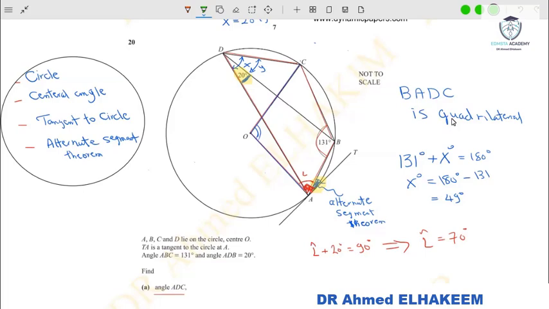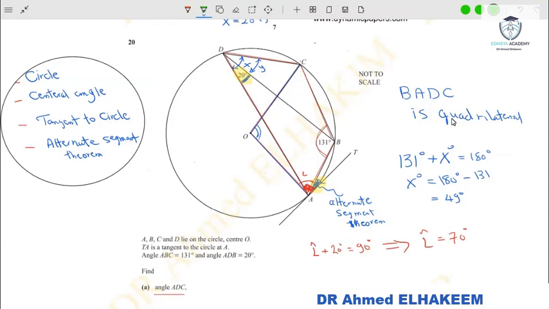Yes, we proved that one is a cyclic quadrilateral. So angle X plus this angle is equal to 180. So we found that it was 49.